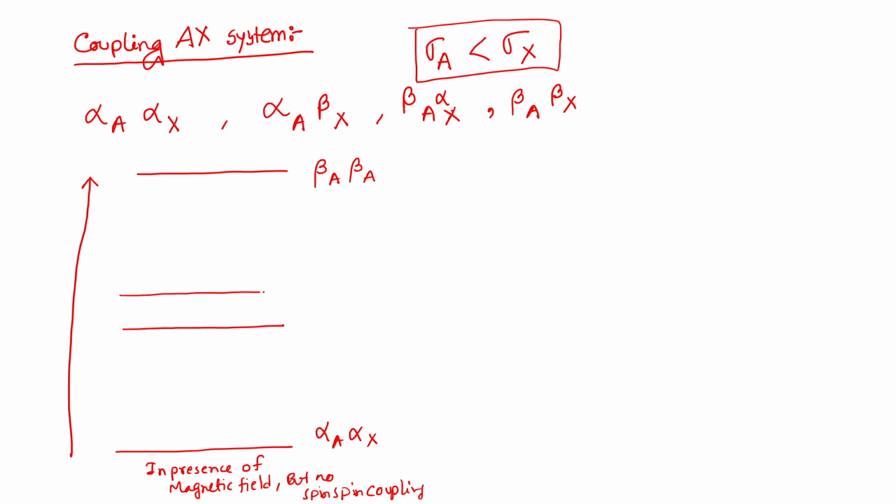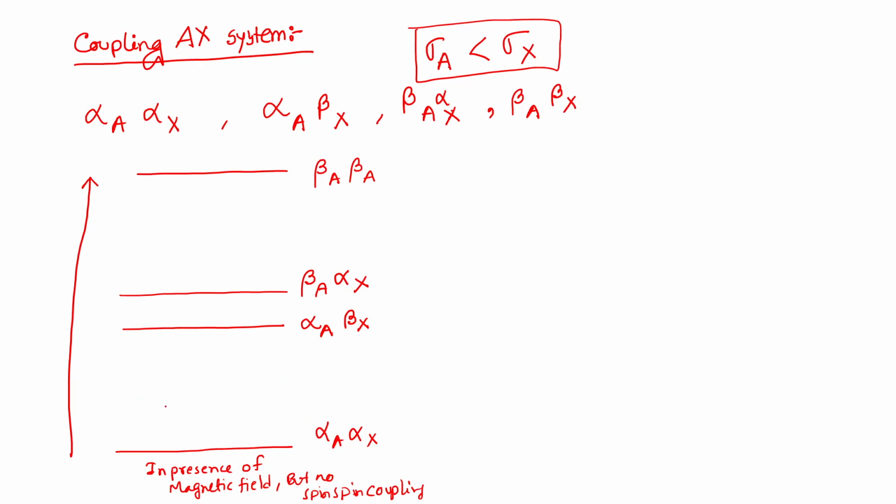We have already cleared that they are not going to be degenerate. Now which will be which state? Suppose I am writing this as alpha A, beta X, and this as beta A, alpha X. Why have I done this?